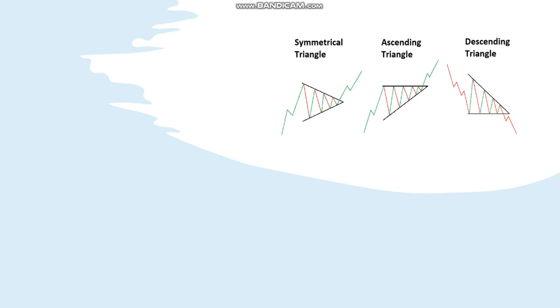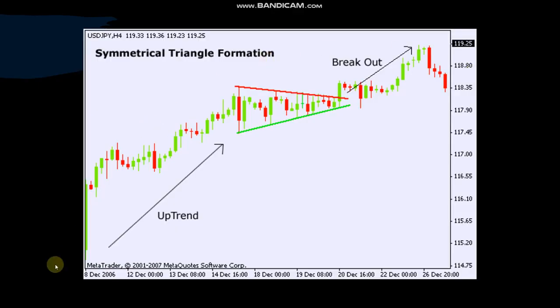So let's try to understand these three triangle patterns with the help of a chart. So this is a symmetrical triangle formation in front of us. See, the market was in an uptrend, and after that, we got a symmetrical triangle formation.